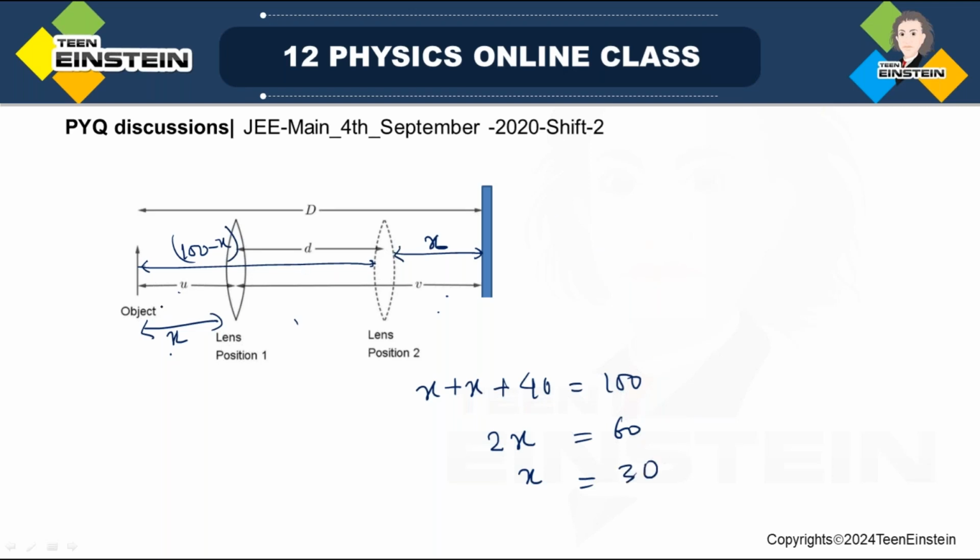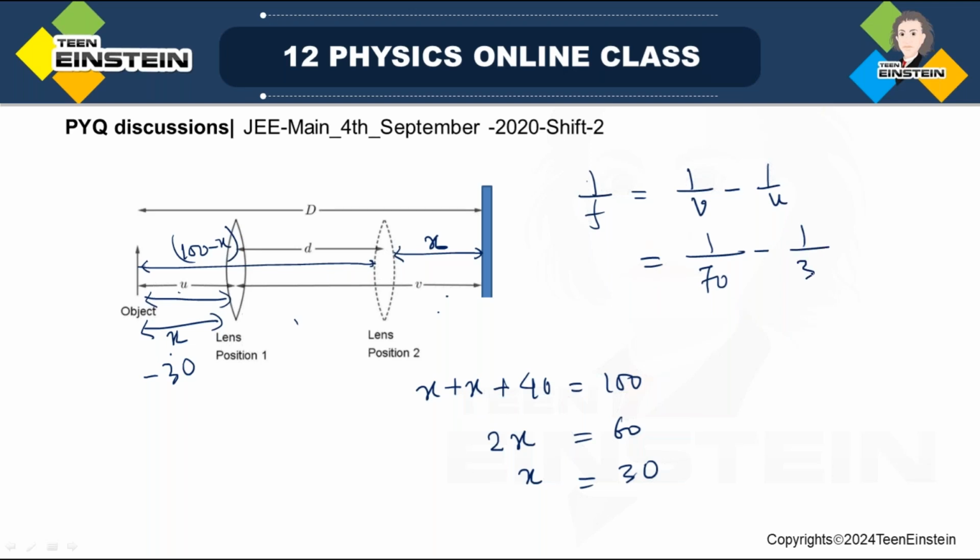So 30, so let me take this 30. If I write 1 by f is equal to 1 by v minus 1 by u for the first lens, I have taken 30. Image distance is how much? If this is 30, then the other part v will be actually 70. Okay, this is 70, and u is minus 30.